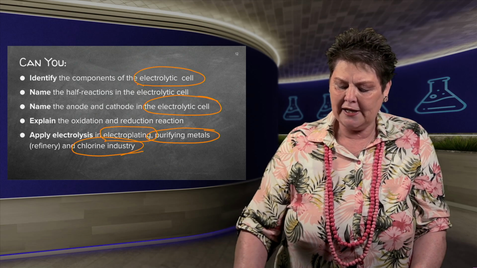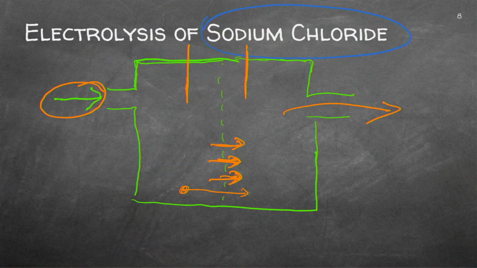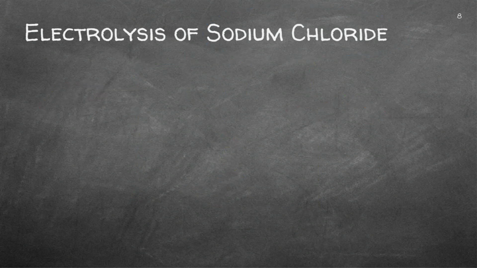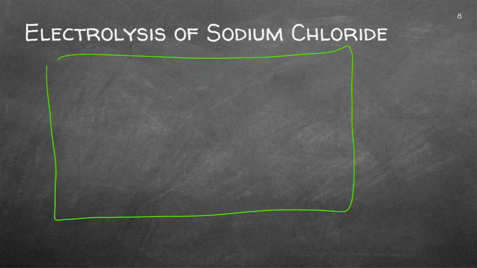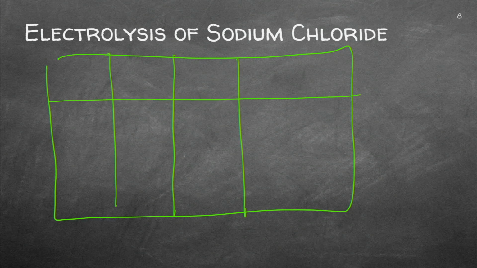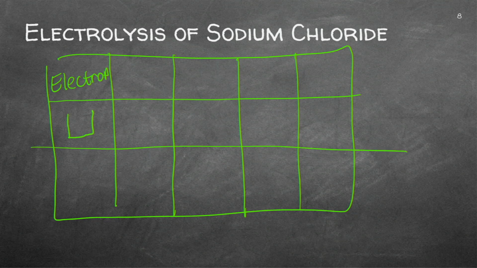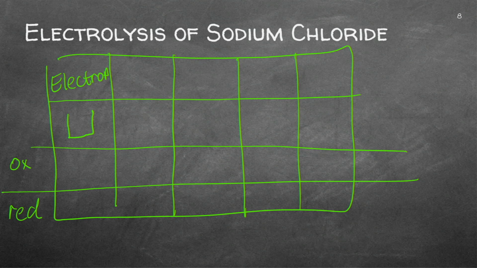I just want to quickly show you, if you are studying this section, and I'm just going to do it on this slide, I would take a piece of paper and have the different applications written on there. Here, for instance, electroplating. You can have your little diagram, then your oxidation and reduction half reactions, and then finally your net reaction.